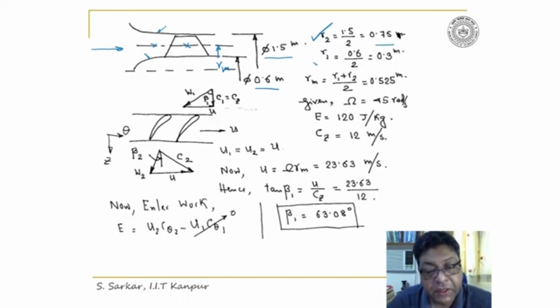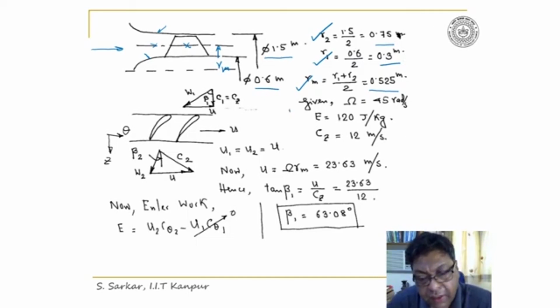R1 is 0.6 divided by 2, equal to 0.3 meter. Thus, Rm, the radius of the mean section, is (R1 plus R2) by 2, which is 0.525 meter.